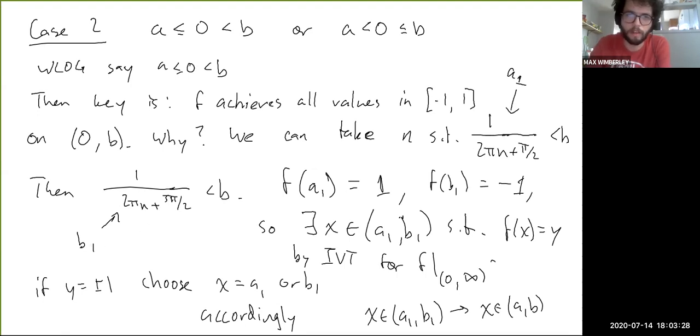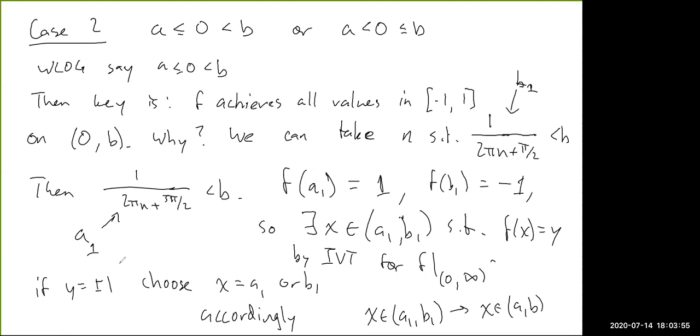Oh, I guess the labeling here is actually flipped, because this one's smaller, so this should be B1, and this should be A1. Okay, sorry, we got a little bit gnarly, but not too bad. Any questions?